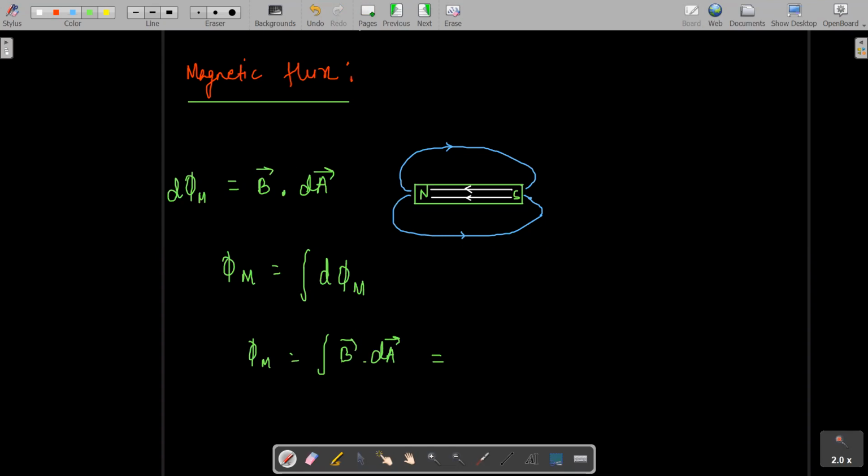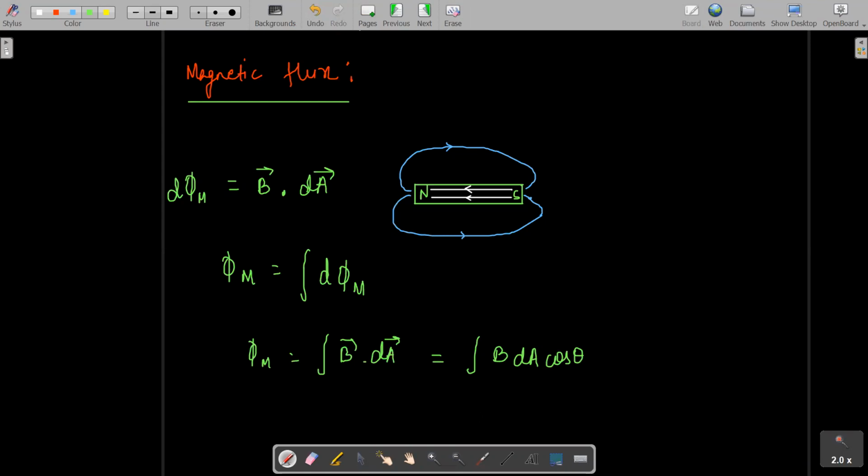If the angle between magnetic field and area vector is constant, and let us say it is theta, then it will be equal to the integration of B, removing the vector, simply B dA cos theta, right?